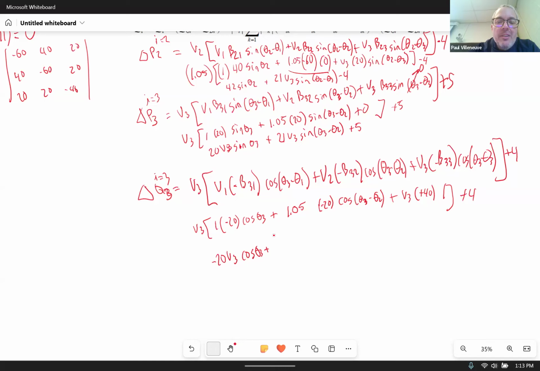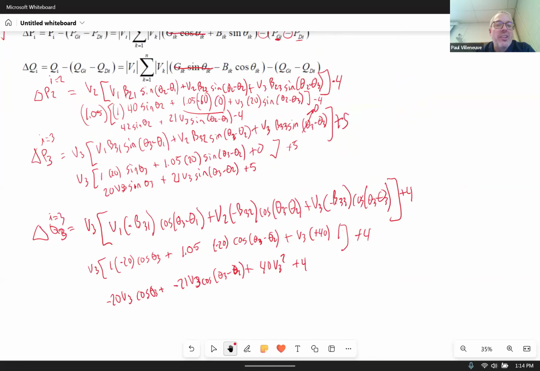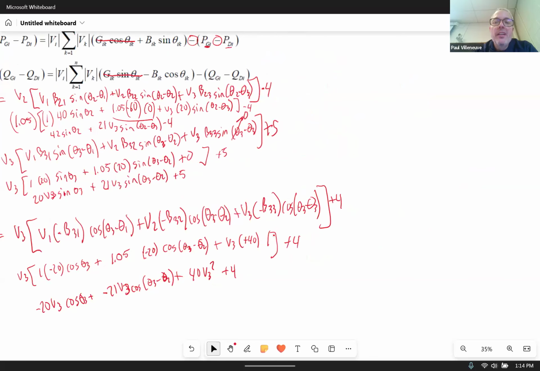So this becomes minus 21 V3 cosine theta 3 minus theta 2. Plus, now I have two V3s, right? So that becomes 40 V3 squared plus 4. So my final three equations, I'm going to write those over here.